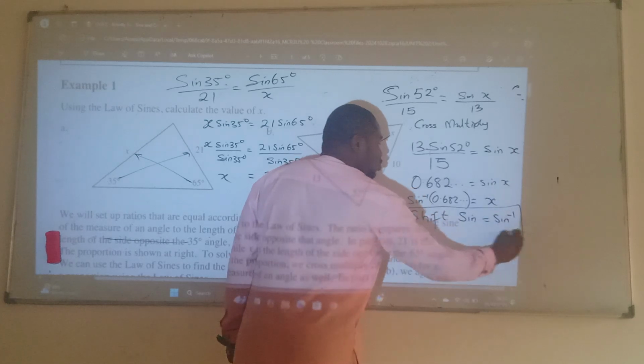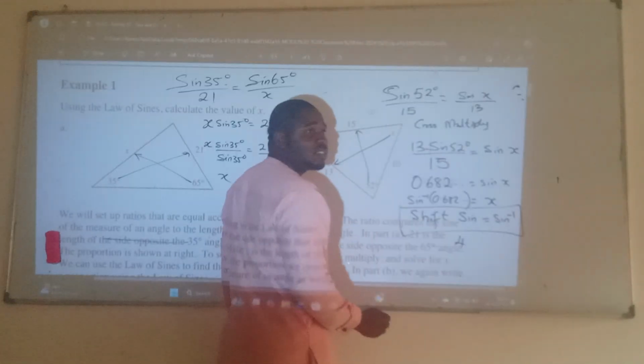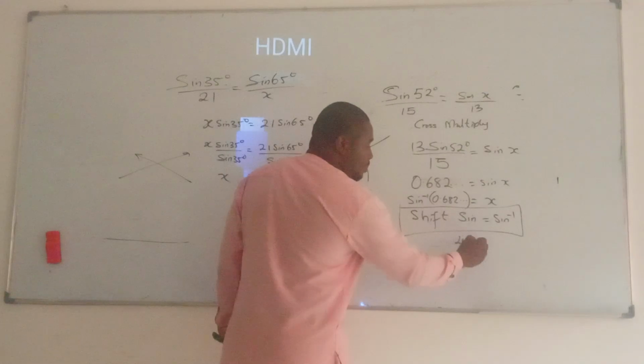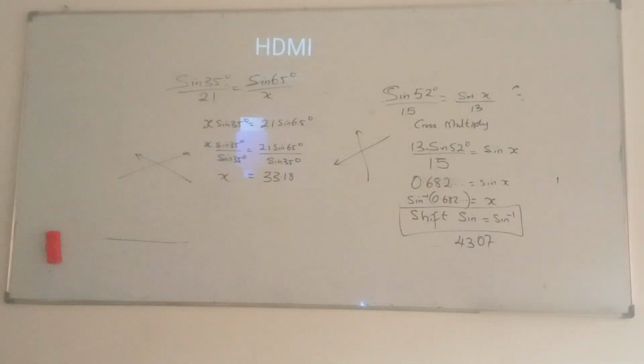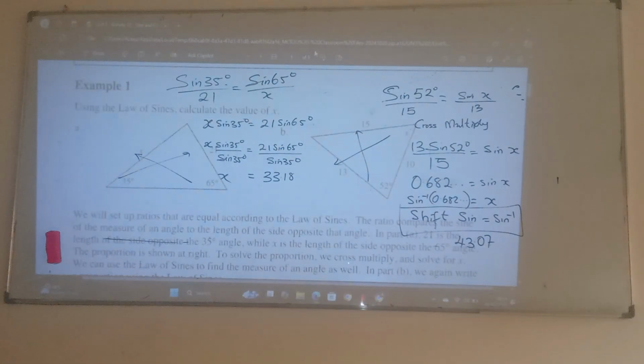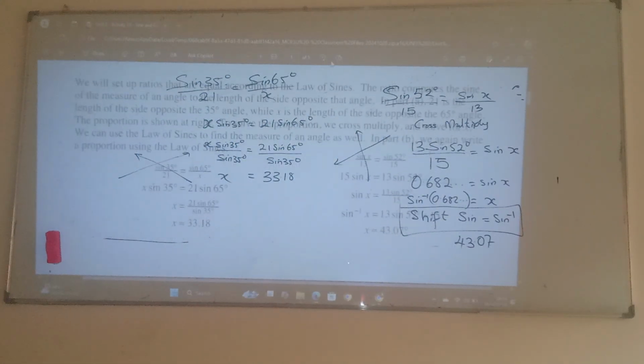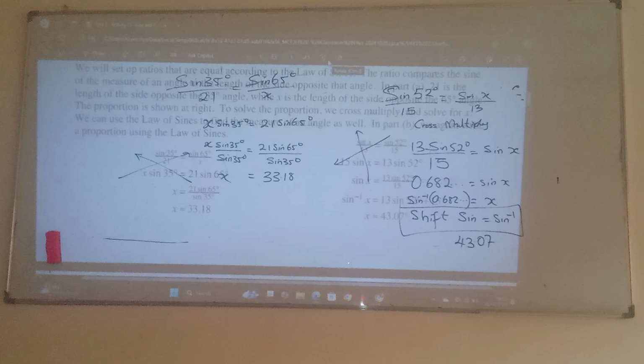So this is what you're supposed to put on your calculator, and you get 43.07. Fantastic. So let's see if we are correct. I think we are correct.